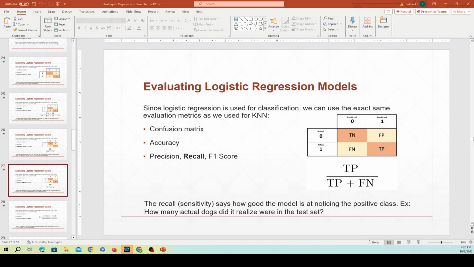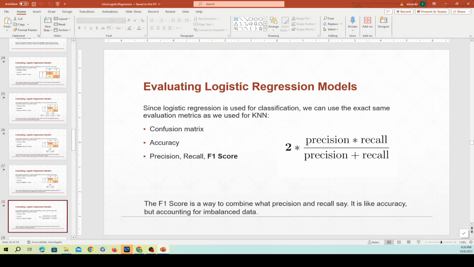And the last one is the F1 score. The F1 score is a way to combine the precision and the recall to more accurately determine the accuracy of your prediction without imbalanced data issues.